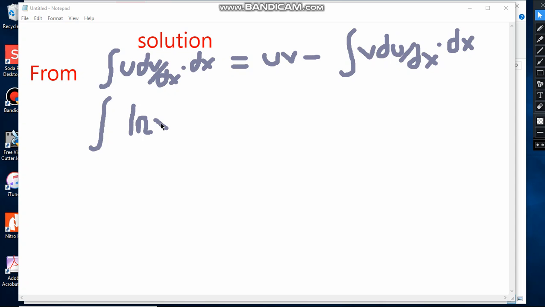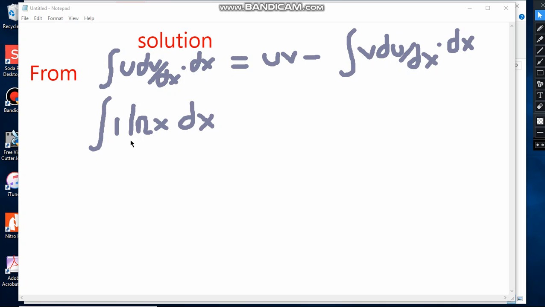ln of x dx is such that in this you have two functions, one is u and the second one is dv/dx.